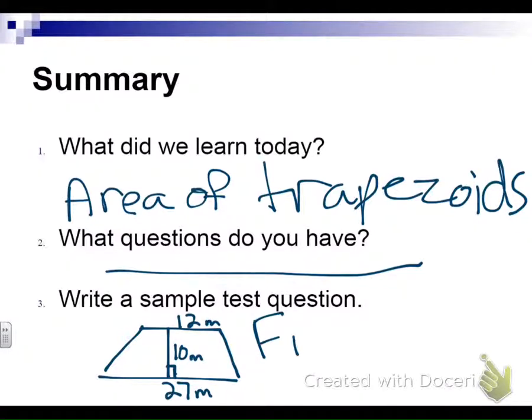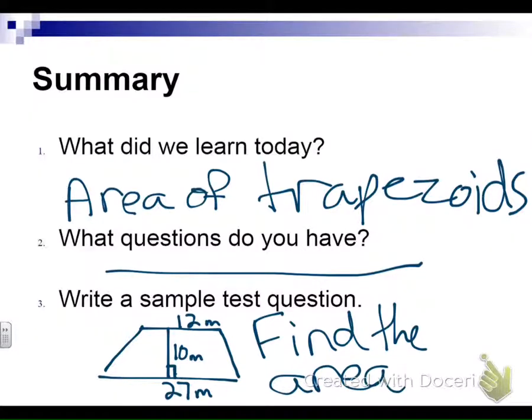And then you could do find the area. All right. Your homework is only examples 1 through 3. The last one.